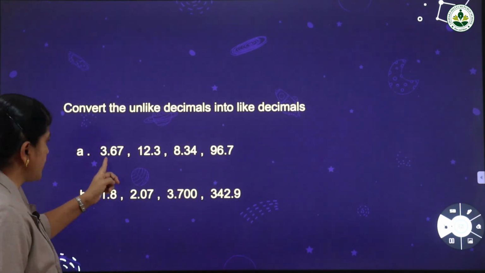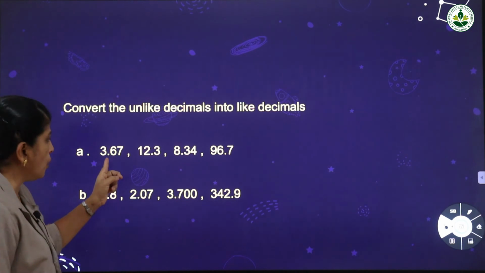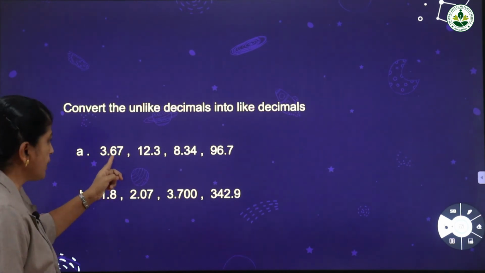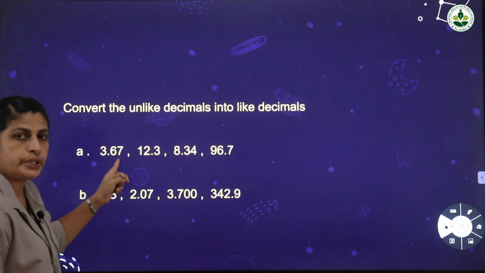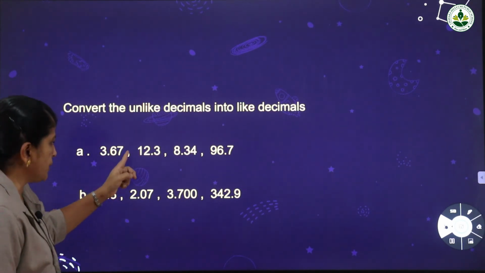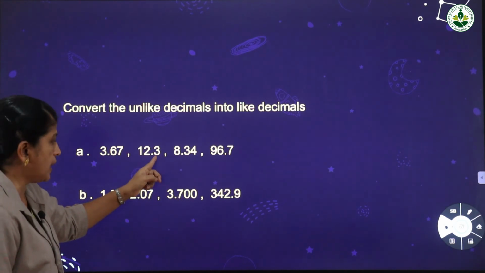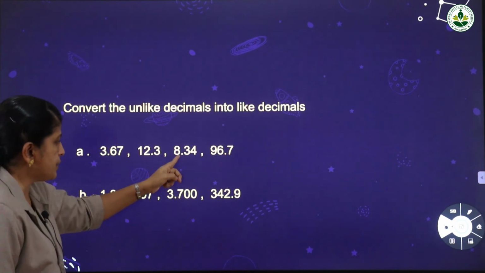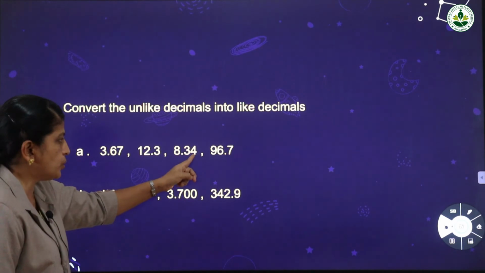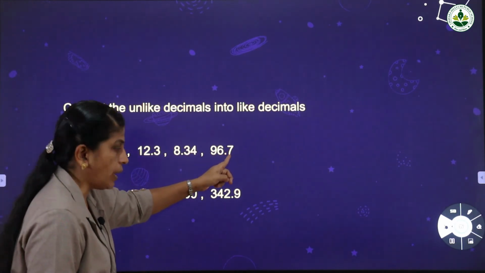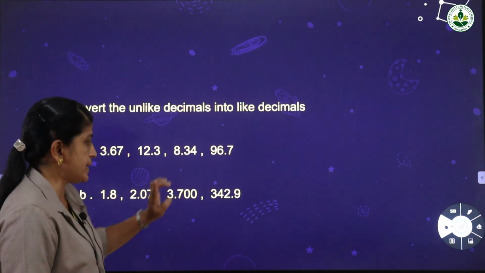In the first number 3.67, how many digits are after the decimal point? There are 2 digits, 1, 2. In 12.3, there is only 1 digit after the decimal point. In 8.34, there are 2 digits, and in the last number, there is only 1 digit after the decimal point.